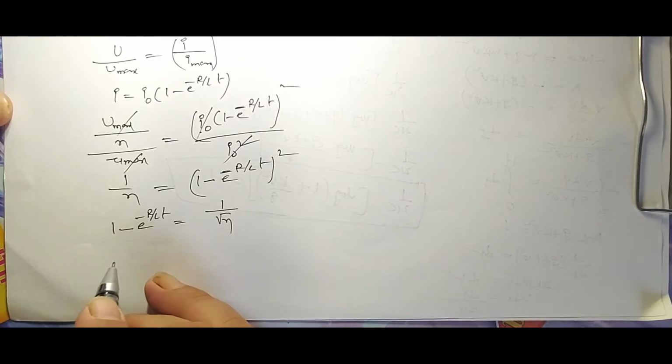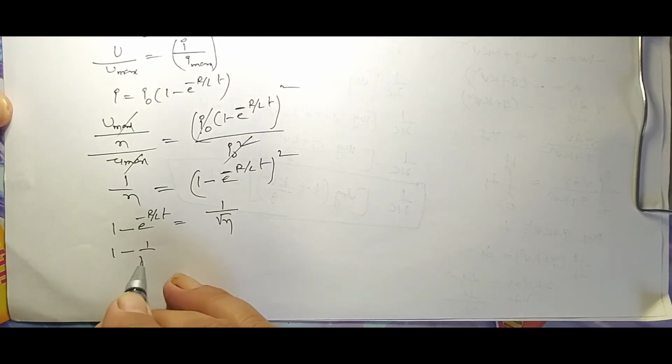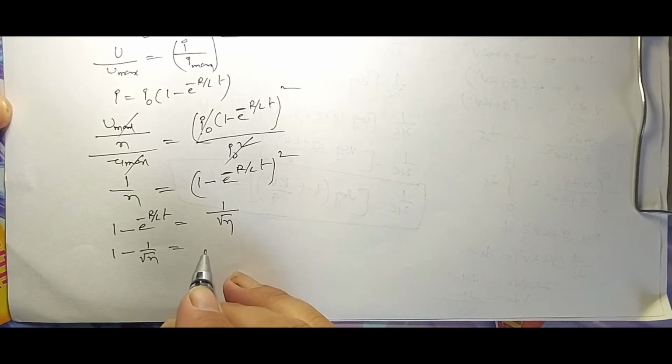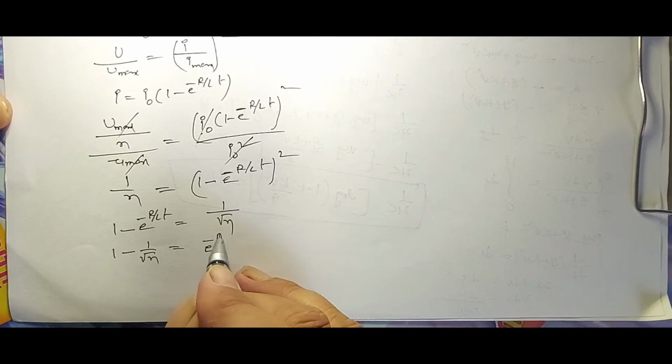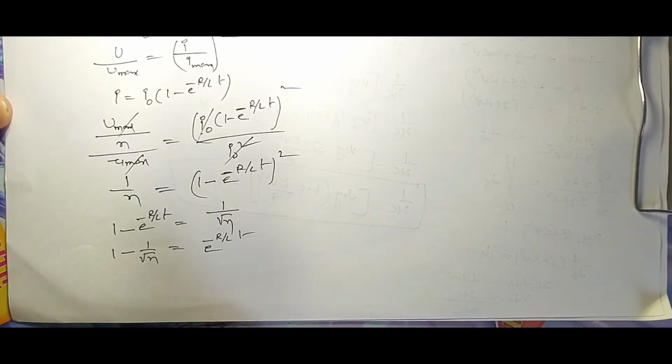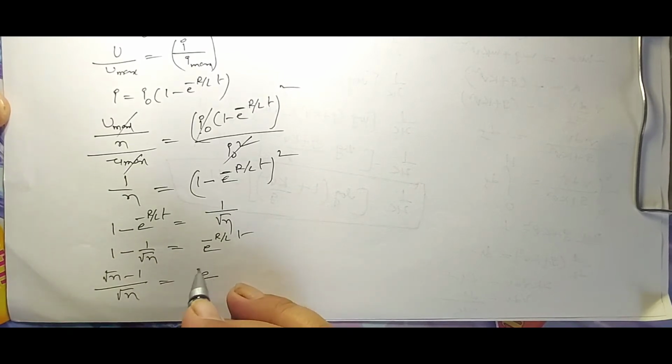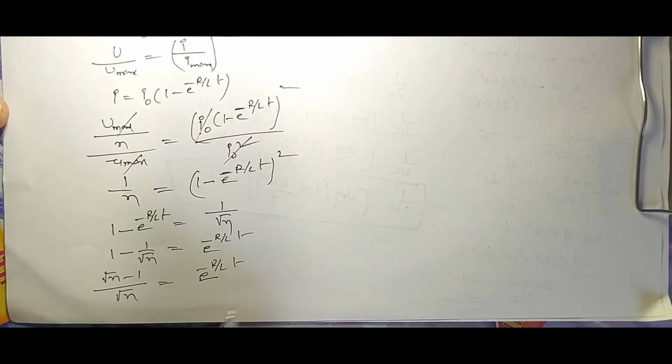Now 1 minus 1 by root n is equal to e to the power of minus R by L into t. So (root n minus 1) by root n is equal to e power minus R by L into t.